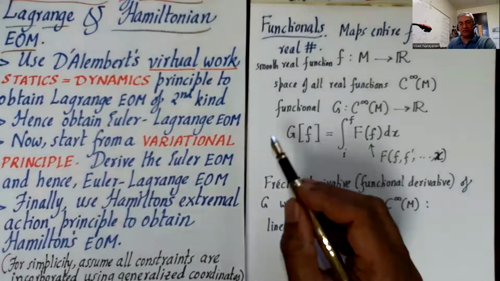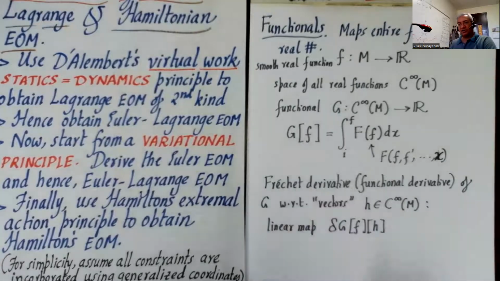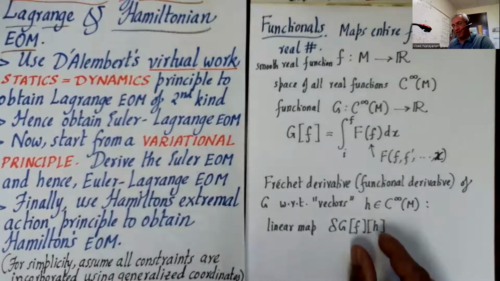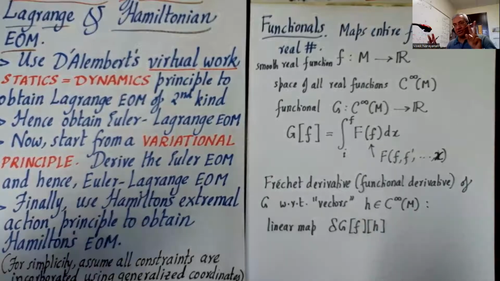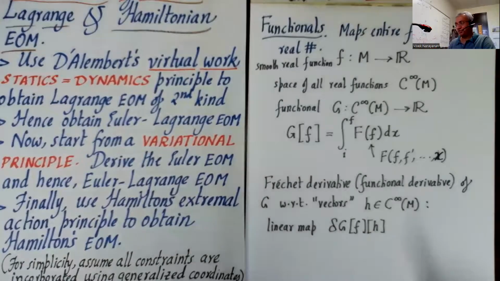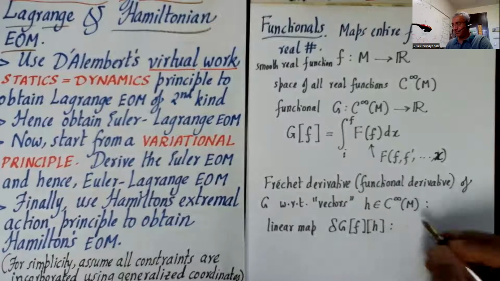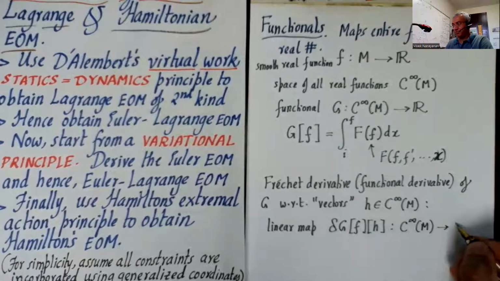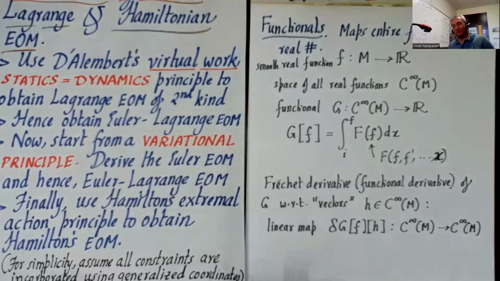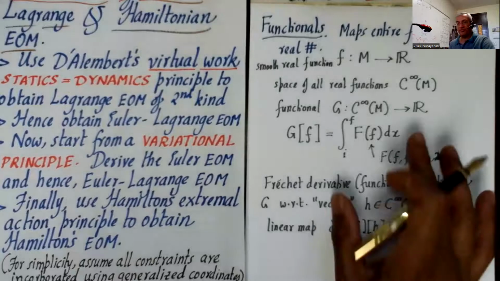When you put a delta in front, you've created a hungry object known as a Fréchet derivative, and so it has to be satisfied. The hunger is satisfied by feeding it a vector in quotes, because the vector is just another function. And this takes you from C infinity M to C infinity M. In other words, it takes you from functions to functions rather than from functions to real numbers.